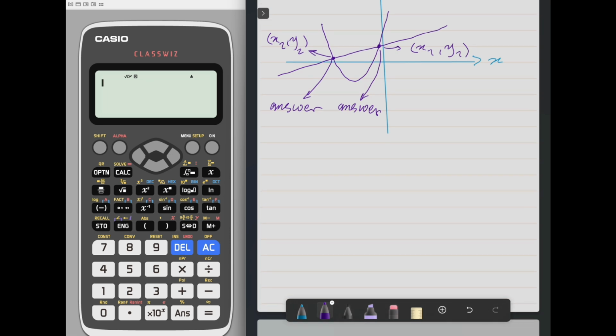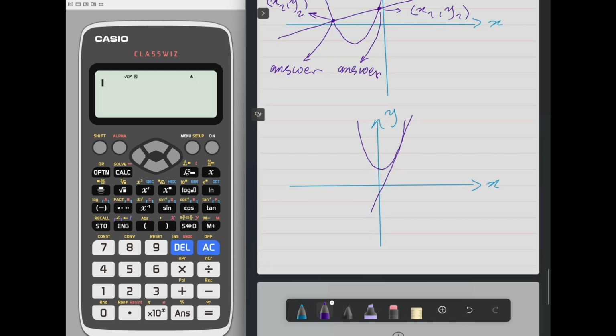But in some cases, if I have this axis, y, x, and this one as my quadratic and this one as my linear, this line is tangent to the curve and they touch only at one point. They intersect only at one point, and it is going to be x1, y1.